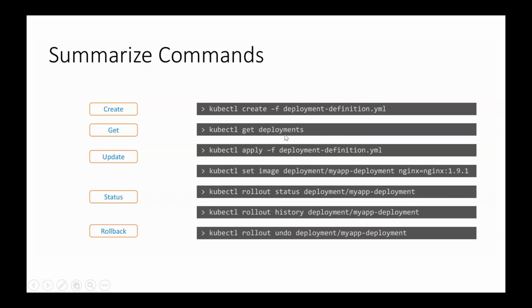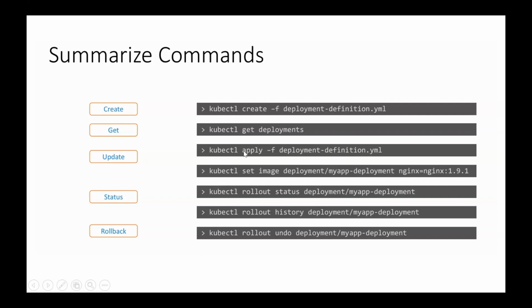To get the deployments, type kubectl get deployments. It will list all the deployments you have created in your cluster. You can run kubectl apply -f with your deployment definition file to update your deployment.